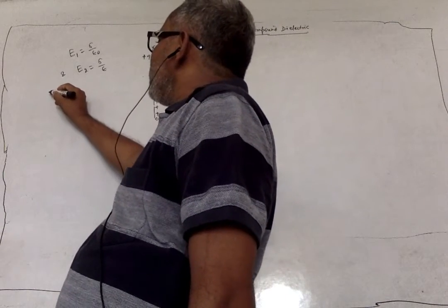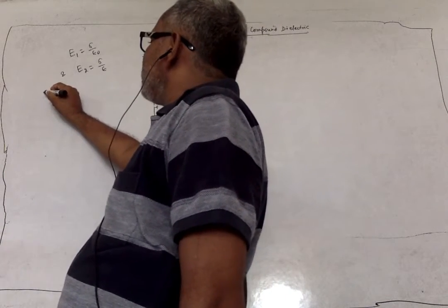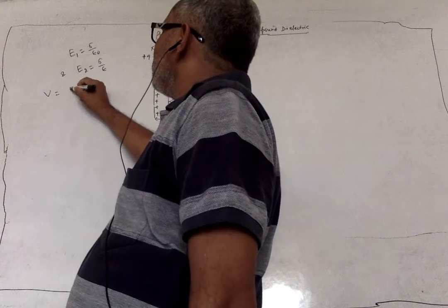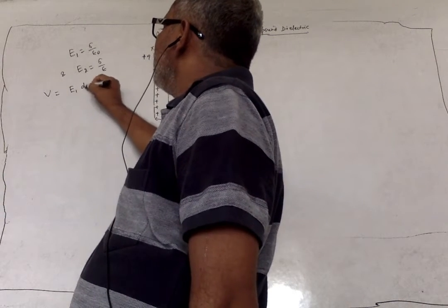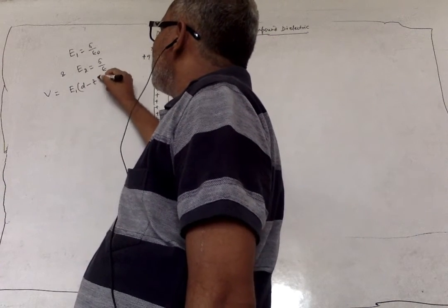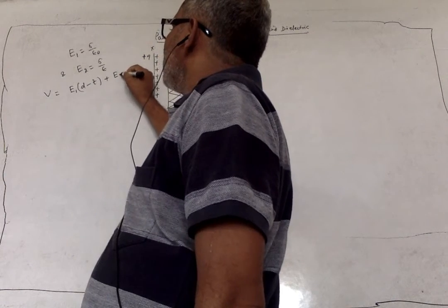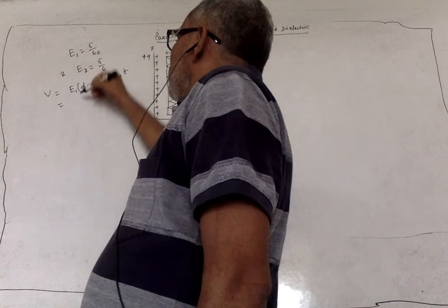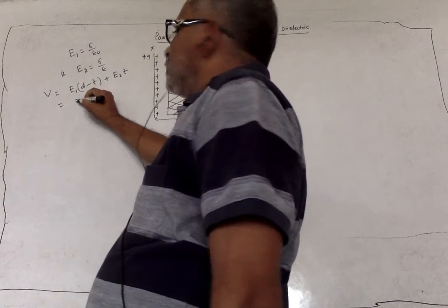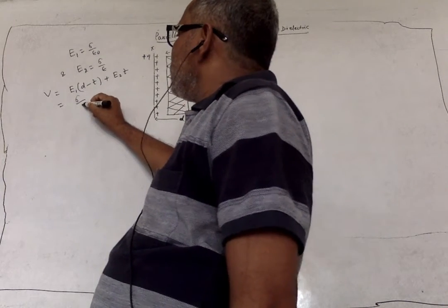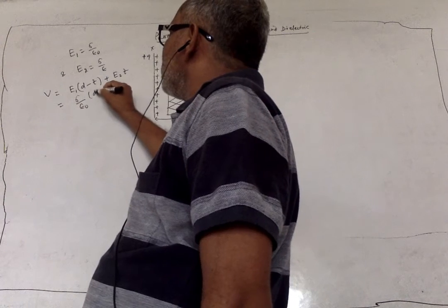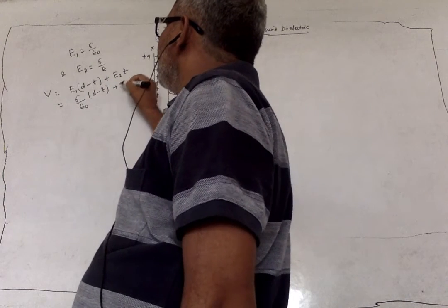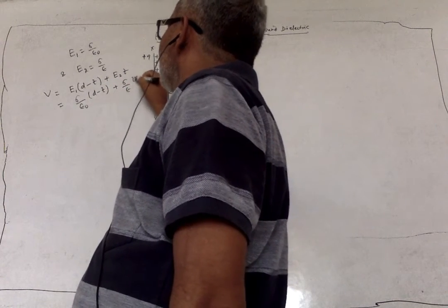Potential difference between the plates V equals E1 (d minus t) plus E2 t. Now putting E1 and E2, V equals sigma by epsilon naught (d minus t) plus sigma by epsilon t.